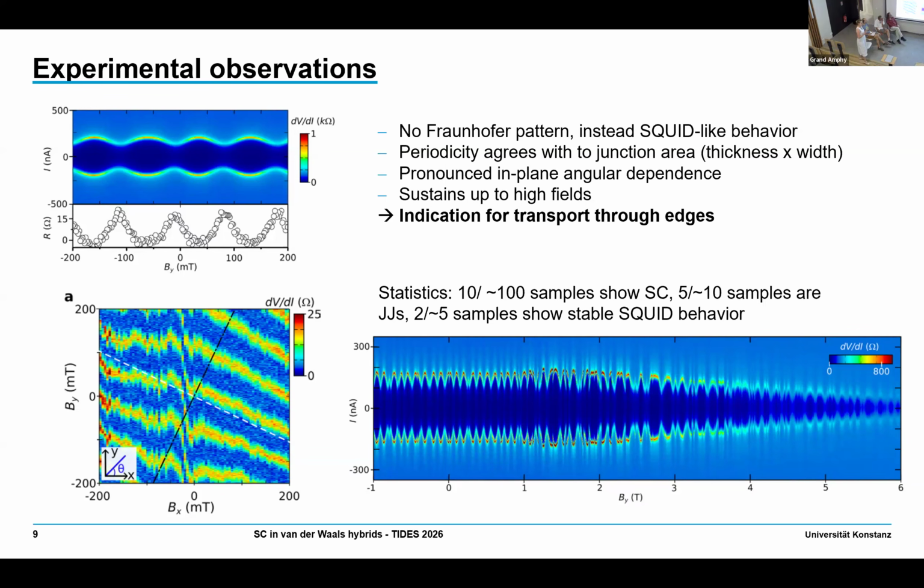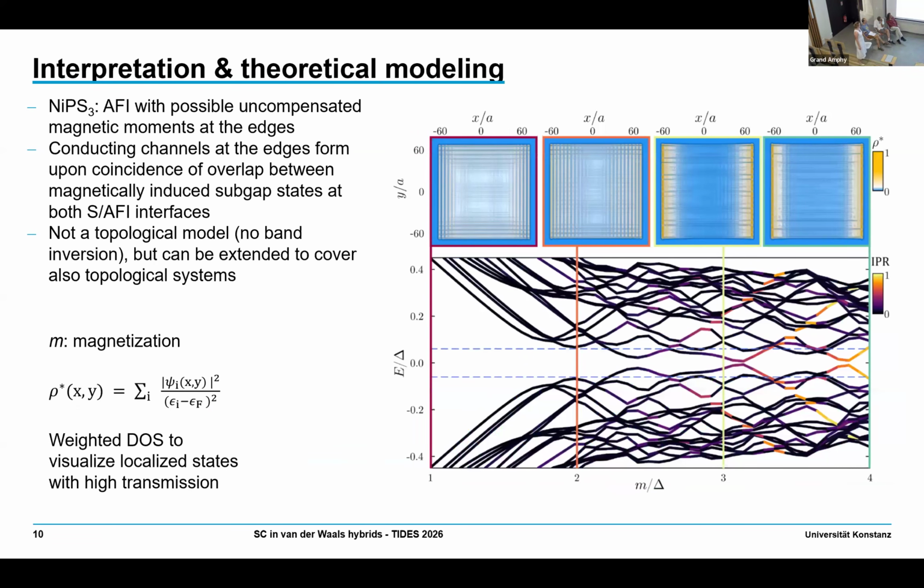The model that has been put forward to describe this is by Ruben Suano, with the same arguments as Chuan gave this morning, that there might be transport through edge states. Now the question is, where do the edge states come from? The model is that this is an antiferromagnetic insulator, but at the edges there might be uncompensated magnetic moments.